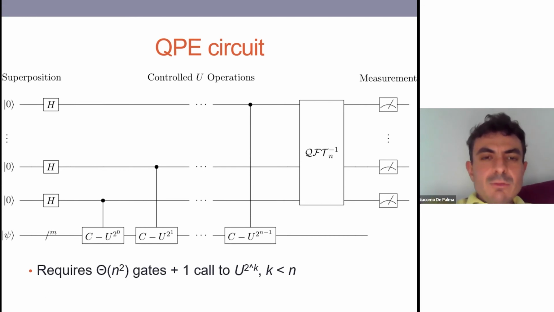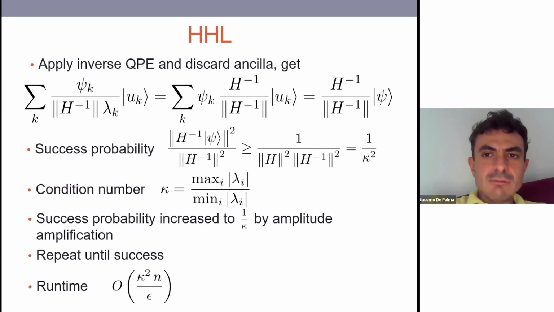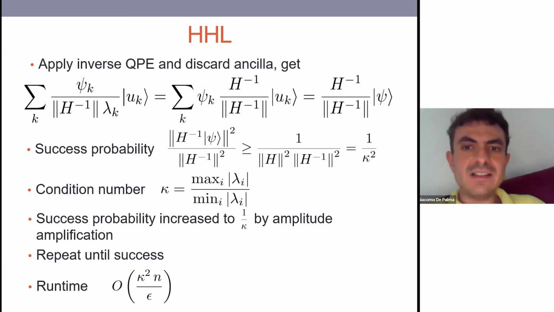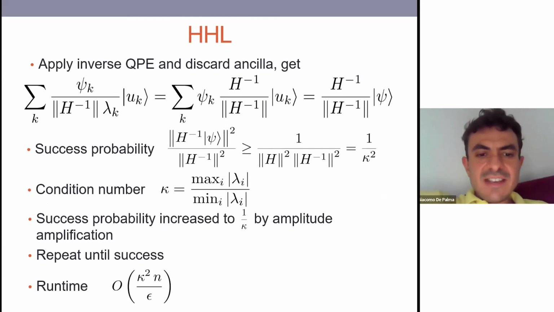And then, if we want a high precision in preparing our final state, we will need to estimate the eigenvalues of H with high precision, because here in particular, small eigenvalues will be important. Estimating eigenvalues with high precision means that we need to apply our unitary many times. And this means applying Hamiltonian simulation for a long time, which requires a high complexity. And that's why the scaling with 1 over epsilon.